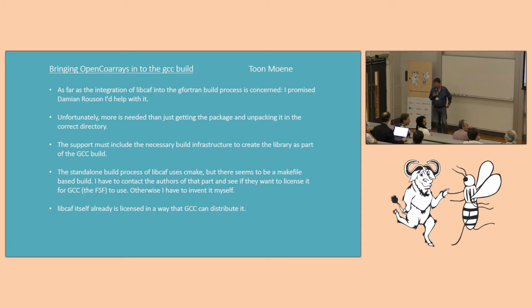There already is in libgfortran a subdirectory caf, because we actually already have a coarray implementation, but it only works for a single image. So it's, I think, a 2000-line file. So there already is one, and the build process for this thing already works.